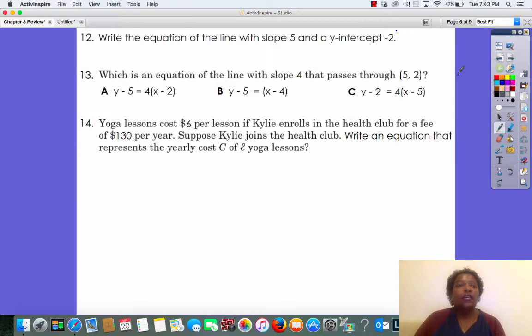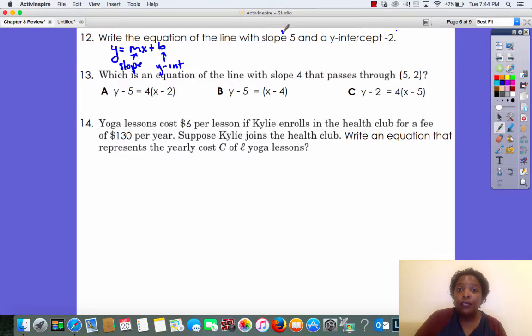Halfway. Number 12. Write the equation of a line with a slope of 5 and a y-intercept of negative 2. Hope and pray that the test has a question like this, because this is an easy one. The standard form of the equation, y is equal to mx plus b, where m is your slope and b is your y-intercept.